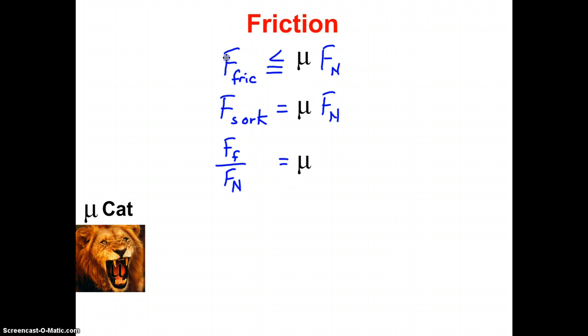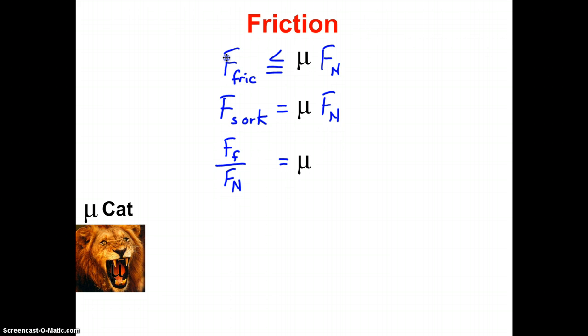So because of that difference in molecular interaction, we have these different coefficients for various substances in contact with each other. That also depends on the frictional force and the normal force, and we'll get more into that in a second.